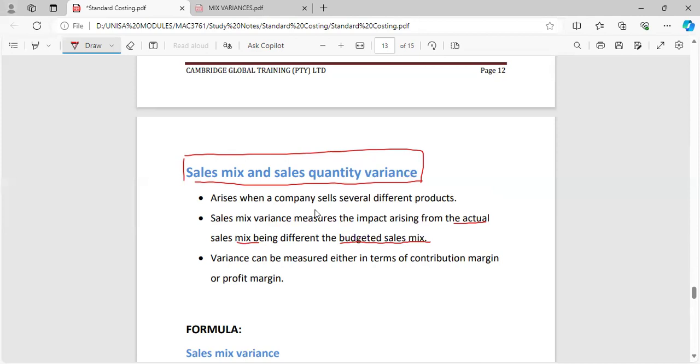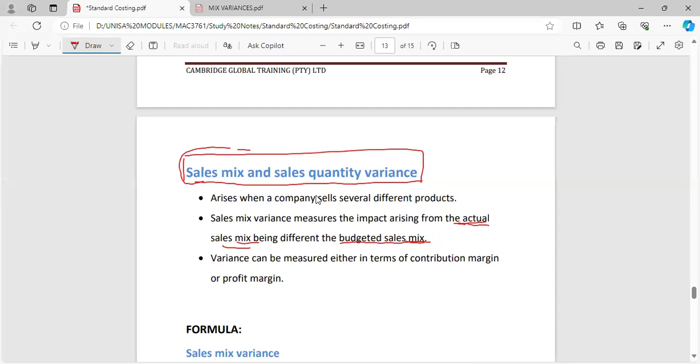The first thing is your mix. What is my sales mix in the question? Then you apportion that sales mix to the actual quantities. Then you determine the difference between the budgeted sales mix and the actual sales mix, like what we have done there.